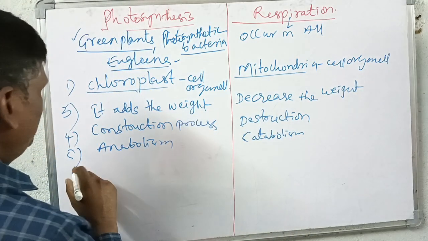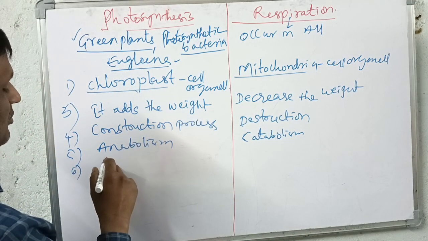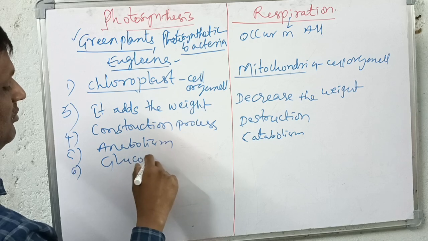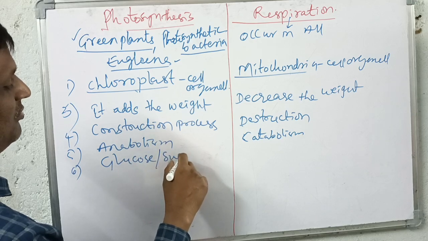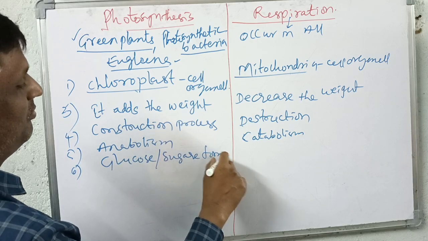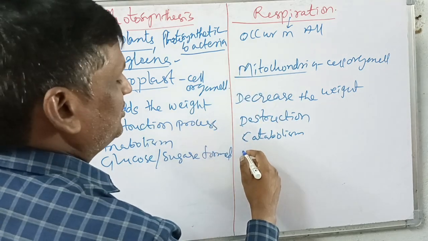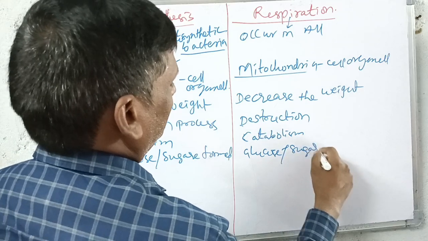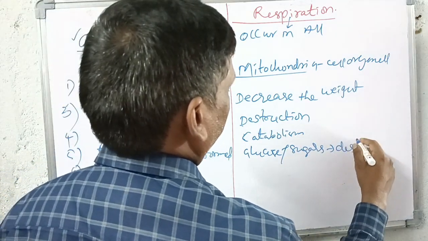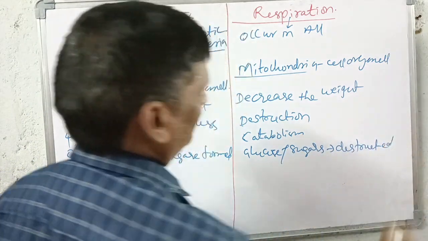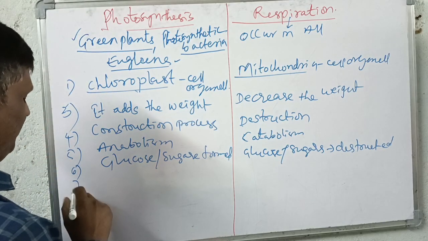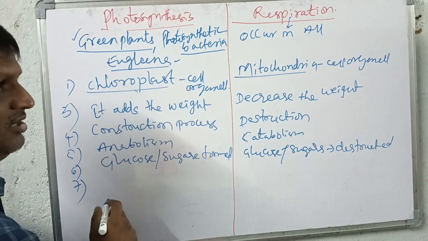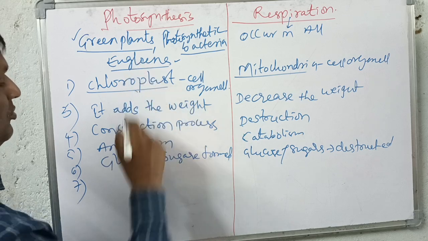And next, in photosynthesis glucose is formed. Glucose or sugars are formed in photosynthesis. In respiration, the glucose or sugars are destructed.